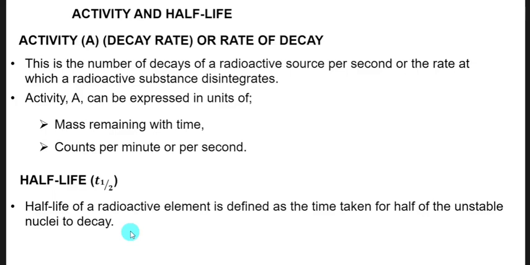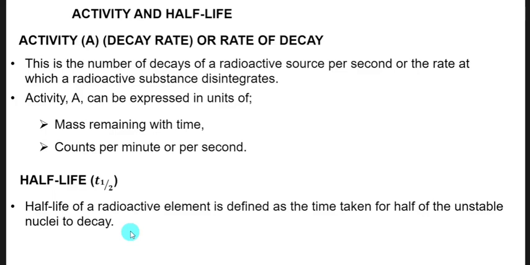A radioactive element is always decaying. Now, let's say you came across a radioactive element which is decaying, and at that time you measured its rate of decay and found it to be maybe 20 counts per second. That amount you have found, or that activity, you can call the initial rate.